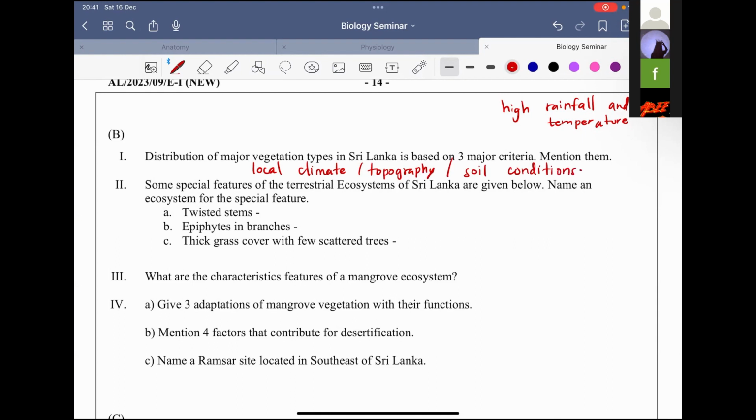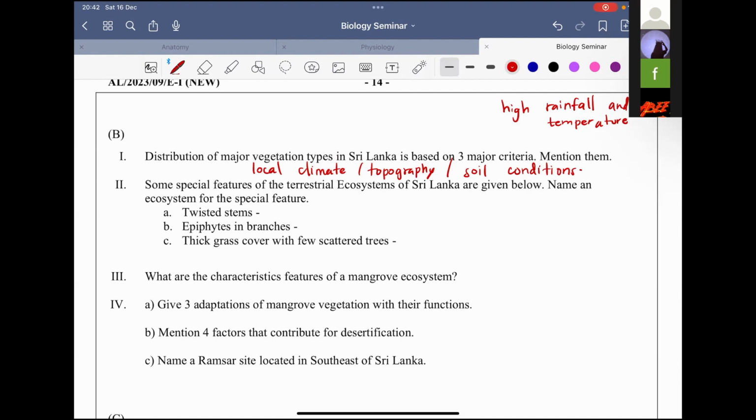Okay. Next, some special features of the terrestrial ecosystem of Sri Lanka are given below. Name an ecosystem for the special feature. If you should answer this question, you should know all the features of each terrestrial ecosystem, right? At least have a broad idea of the ecosystems so that you will be able to identify.